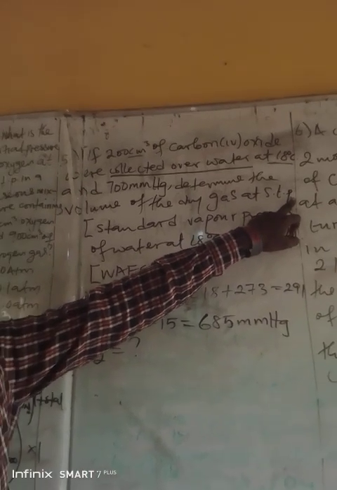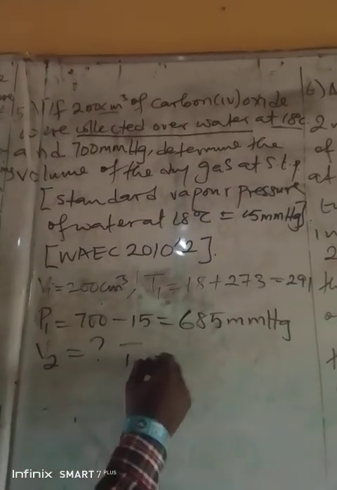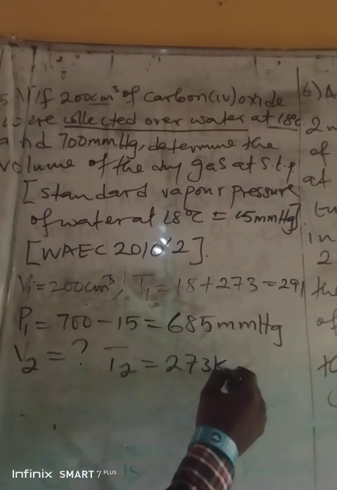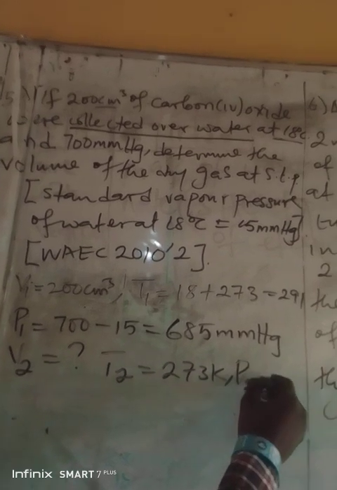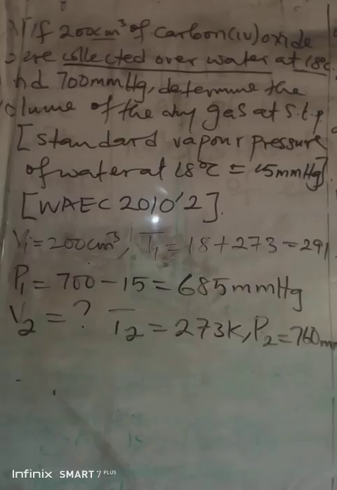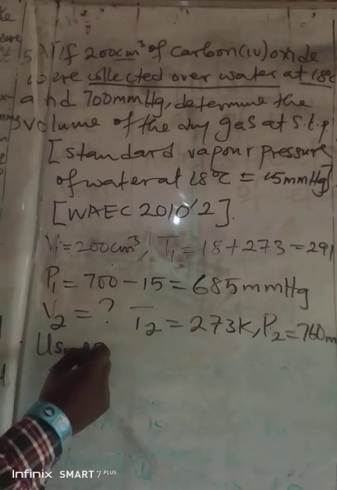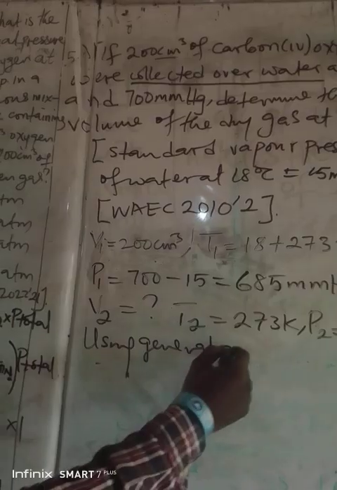The standard pressure that carries millimeter mercury is 760. So we now have T2 is 273 Kelvin, while P2 is 760 mmHg. So using the general gas equation now.